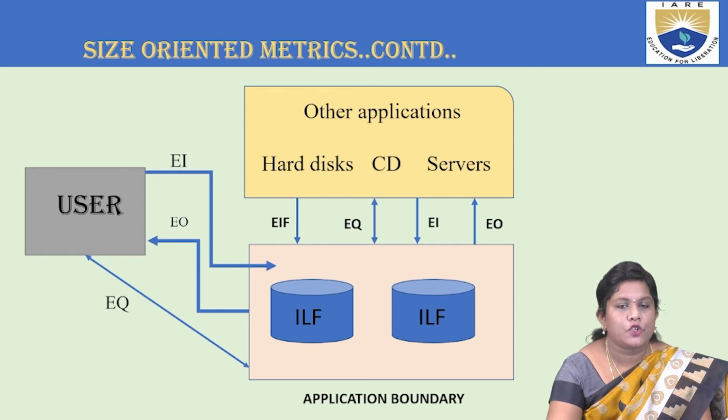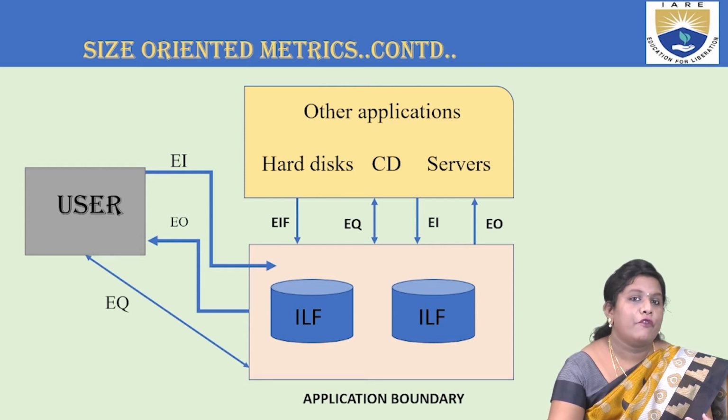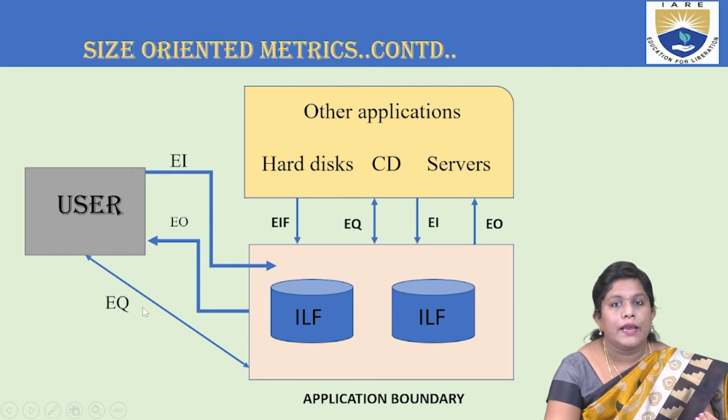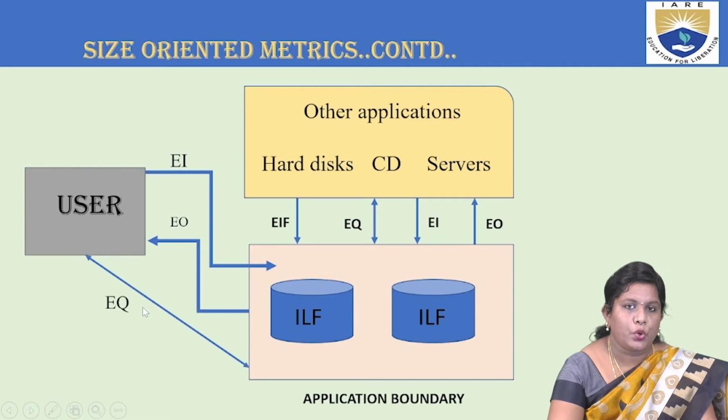There comes the existence of EIF, that is external interface files. I repeat, you are trying to interact with the help of external interface files, that is trying to get things from the other resources into the application boundaries. Now let us look at the indications that are shown.